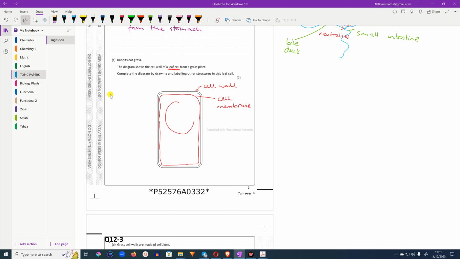I would draw a permanent vacuole. I would draw a chloroplast.